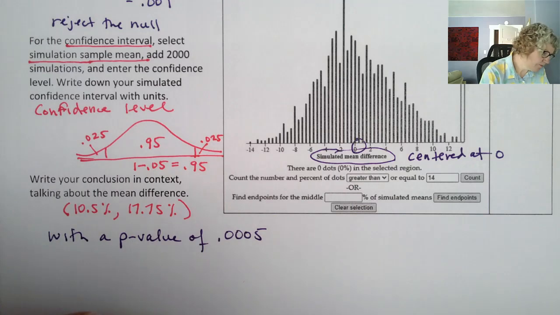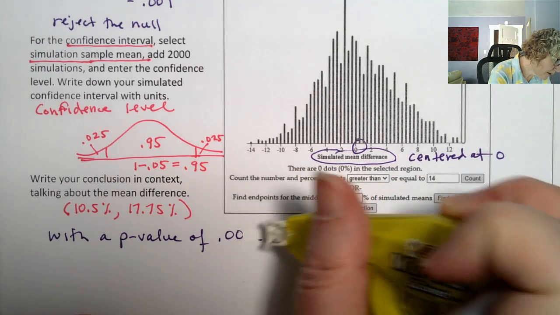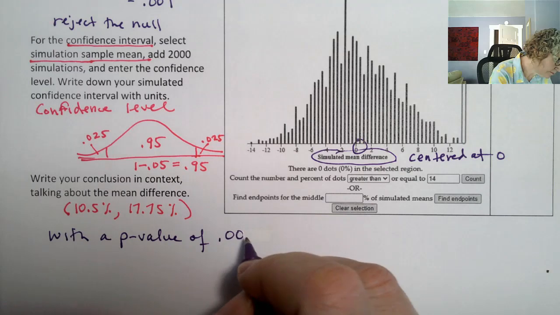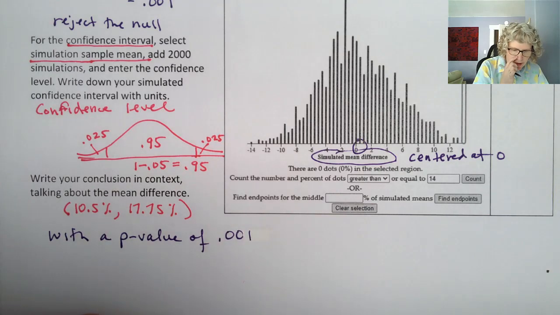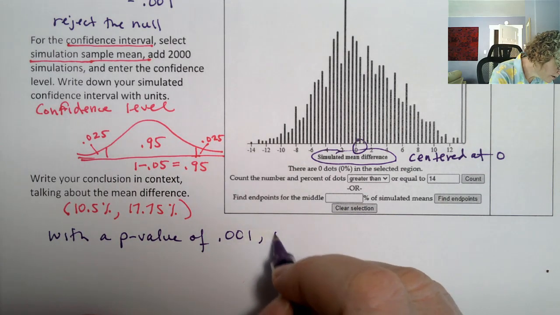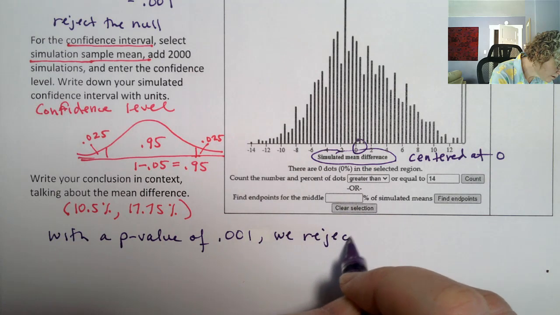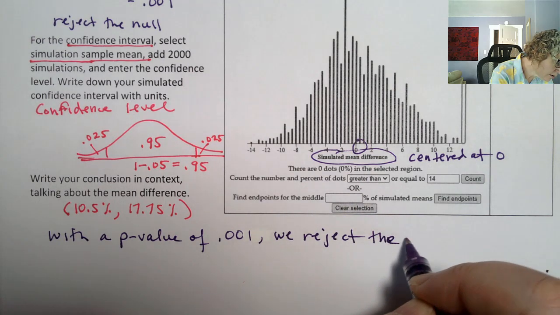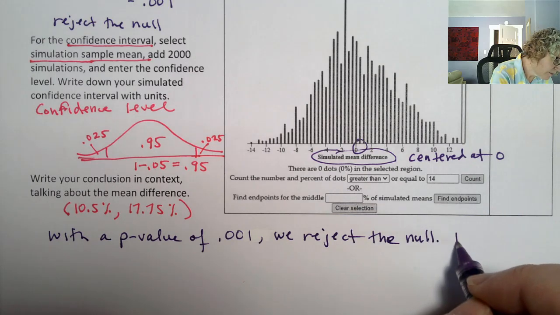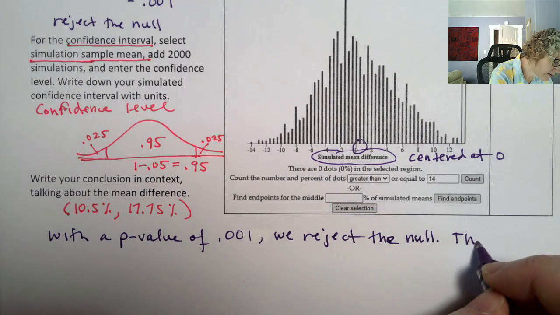Oh, sorry. I was looking at the one before I multiplied. 0.001. Glad I caught that. The p-value of 0.001, we reject the null. And we could say that's pretty strong evidence.